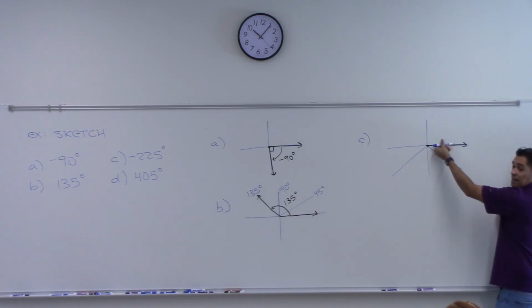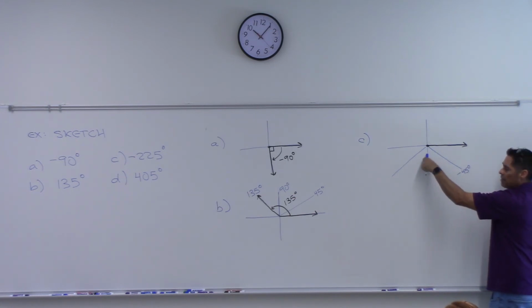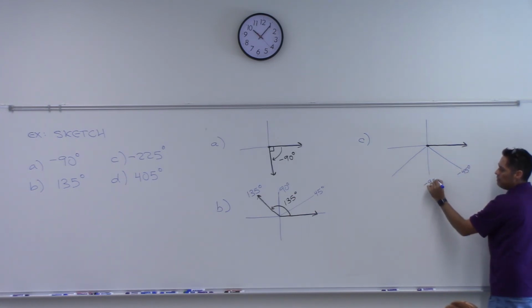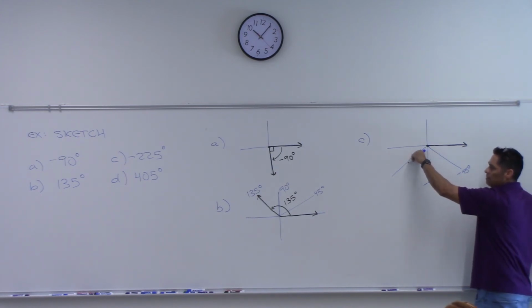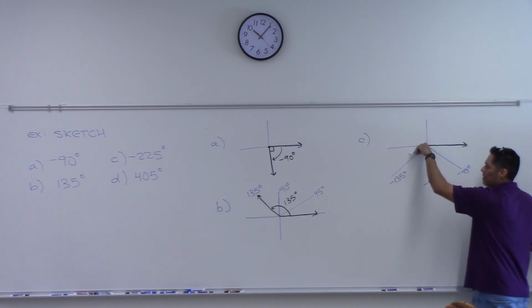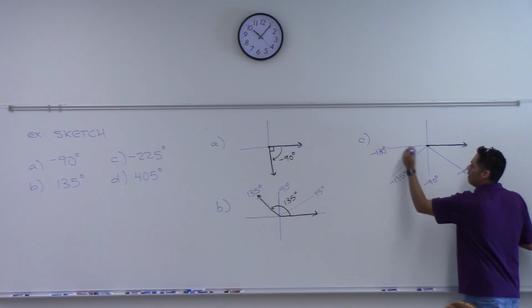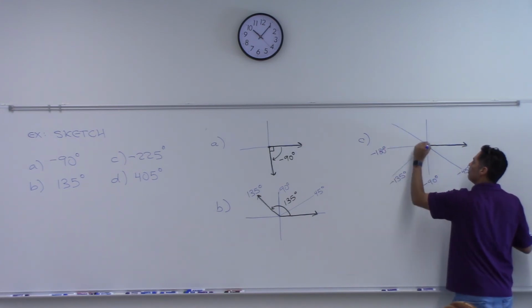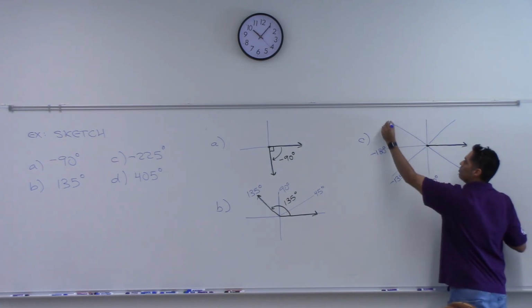If I rotate backwards, negative, what would this angle be here? Negative 45 degrees. Okay, go another 45 this way, and this would be negative 90, wouldn't it? Then let's go again. Here? Negative 135. Here again? Negative 180. And then here to here? Negative 225.